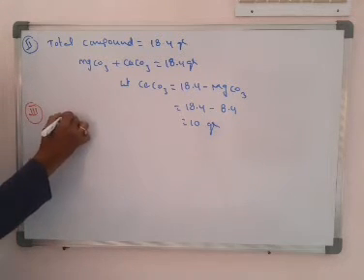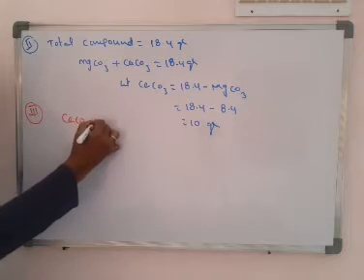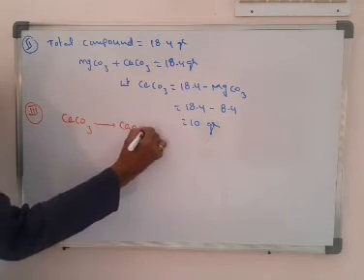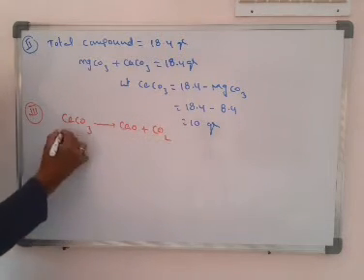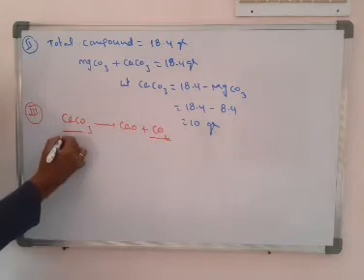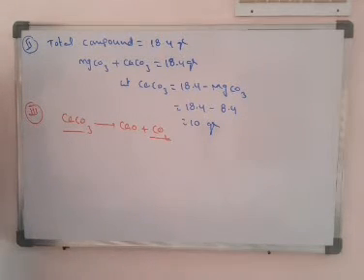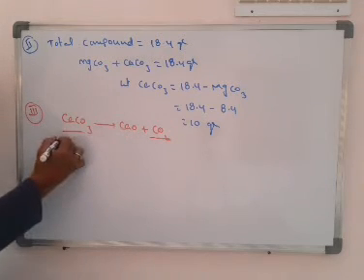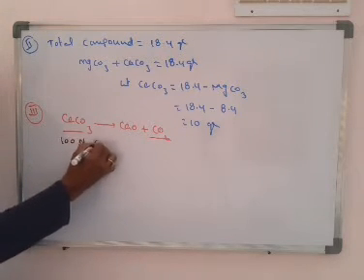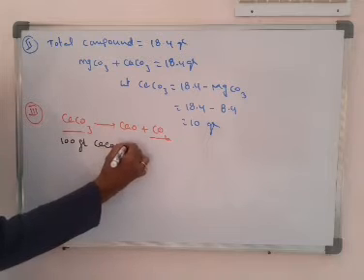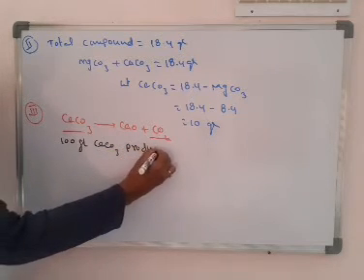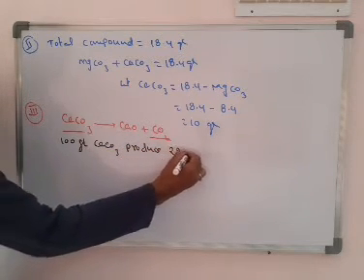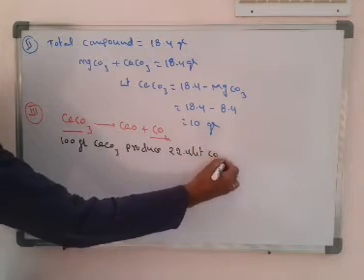So first we see calcium carbonate. Calcium carbonate gives CaO plus CO2. So 1 mole gives 1 mole. So 100 grams produce how much CO2? Carbon dioxide is also measured in liters. So 100 grams of calcium carbonate produces 1 mole, that is 22.4 liters of CO2.